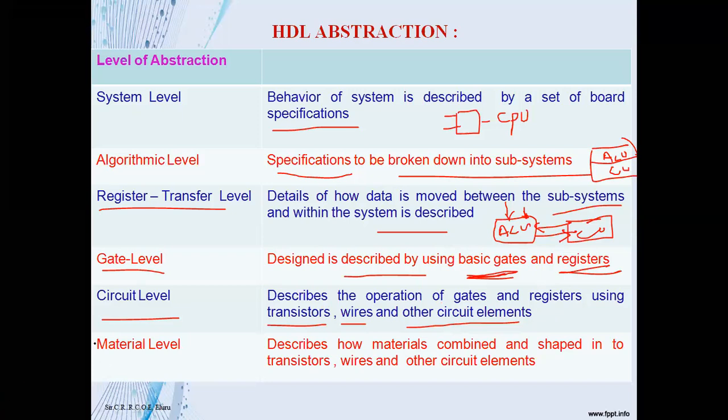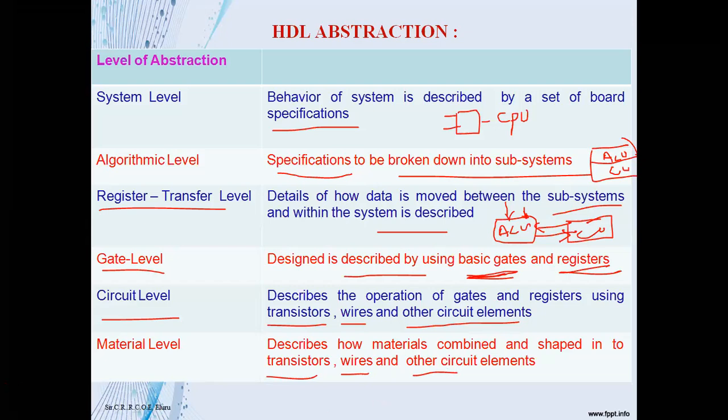And now the bottom level, the last level, is the material level. In this material level, it describes the materials, the combination of the materials, and how they are combined and shaped into transistors, connecting wires, diodes or resistors.